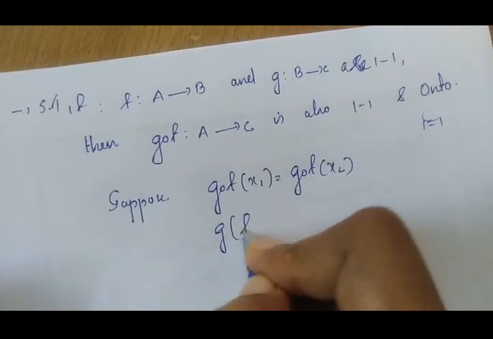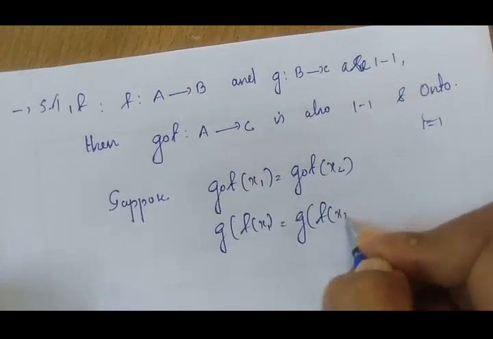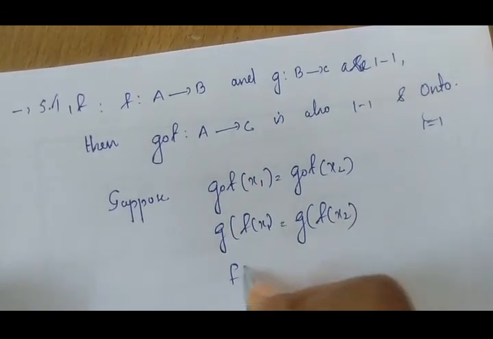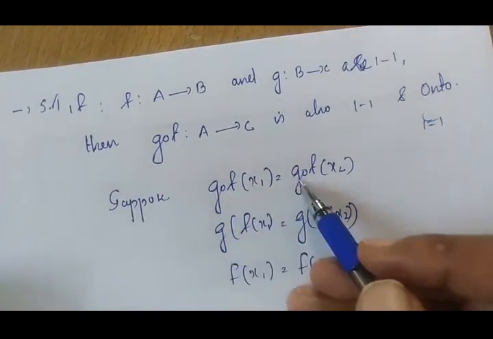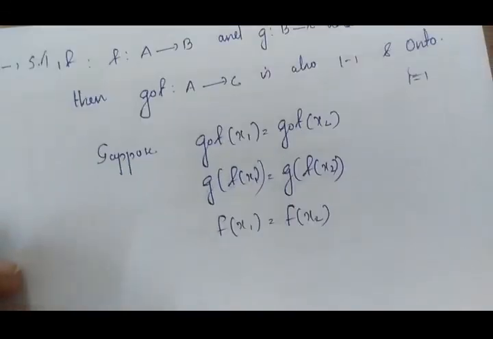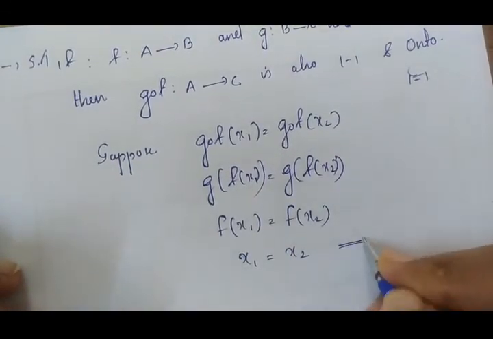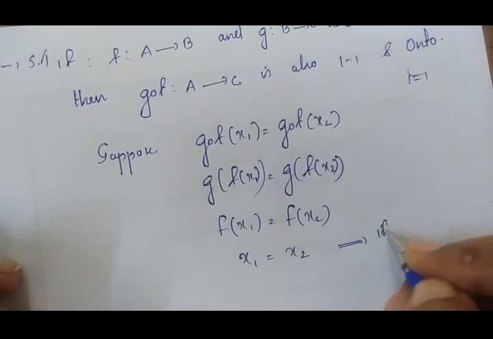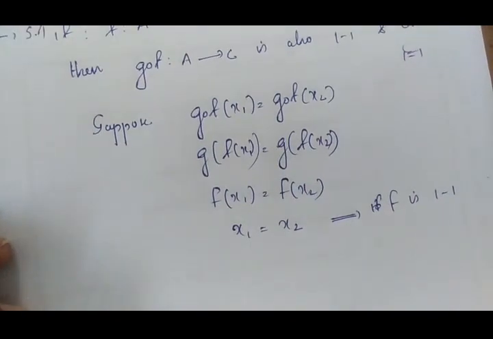Then g of f of x1 is equal to g of f of x2, so f of x1 is equal to f of x2. If we have to prove this, then we can say that x1 is equal to x2 because f is 1 to 1.